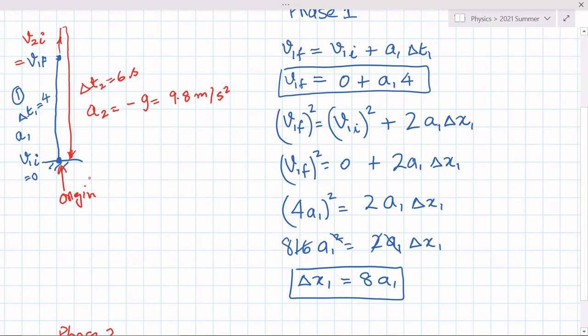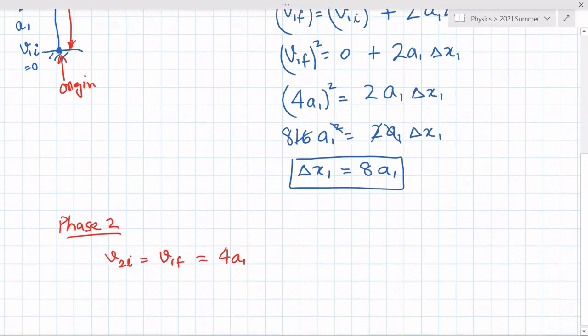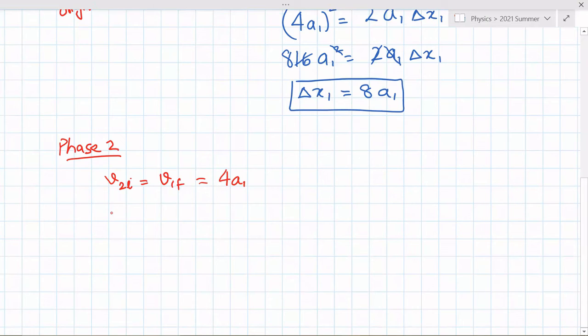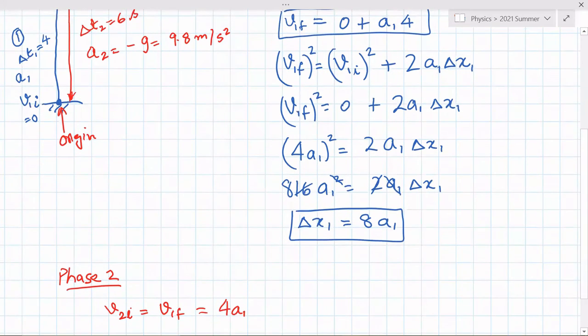X, in this case, is vertical. So X2 initial is 8A1. X2 final is 0. It comes back to the ground.